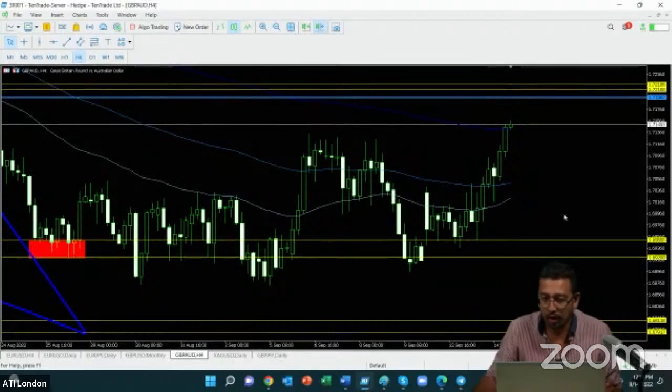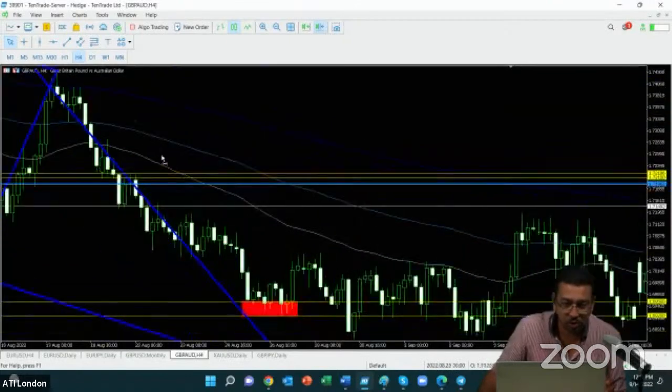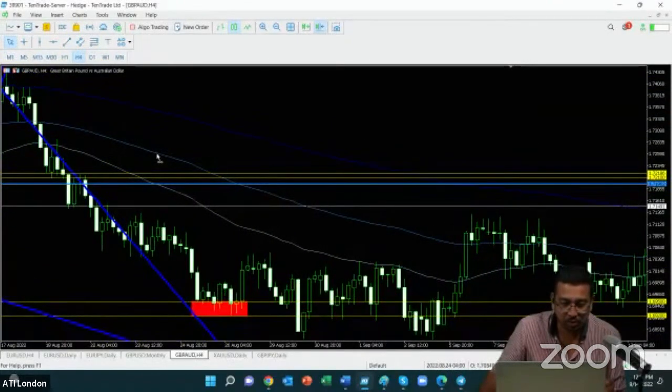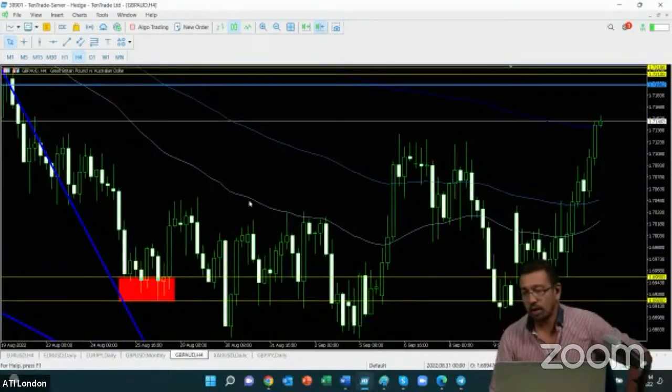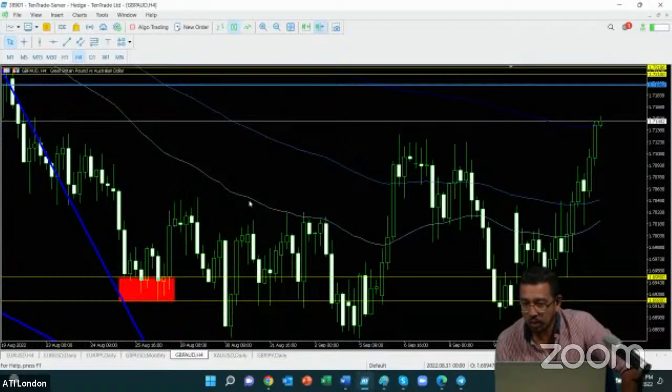And then your exit price would be at the blue line at 1.7196, but it's better to take profit at 1.7190 instead.